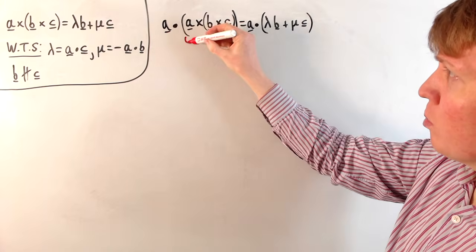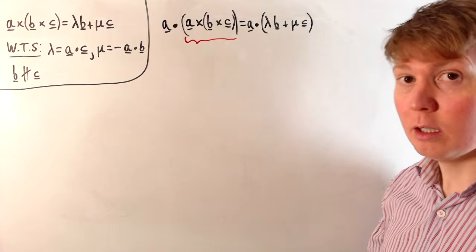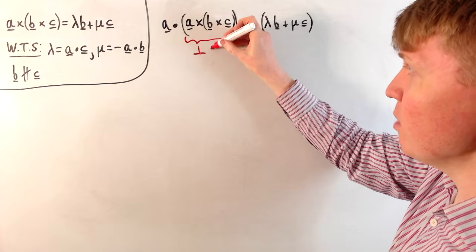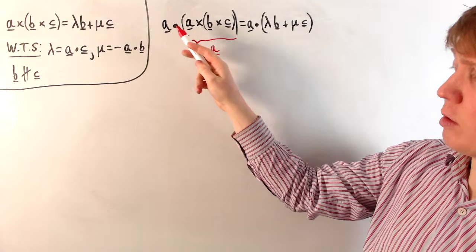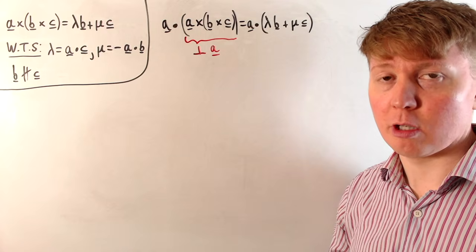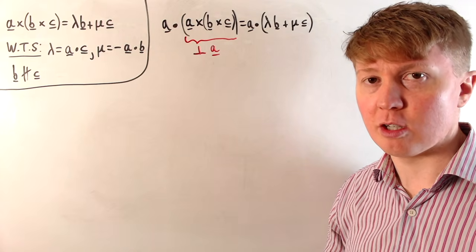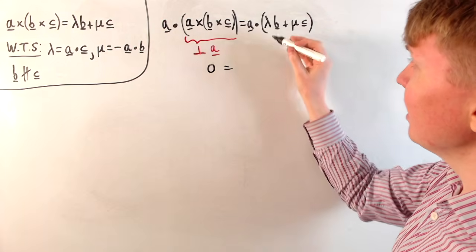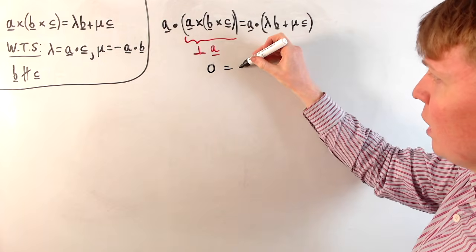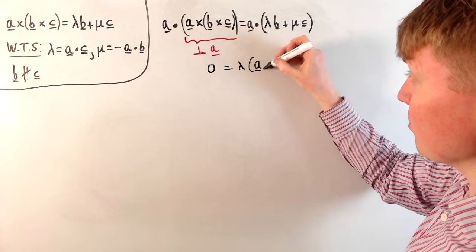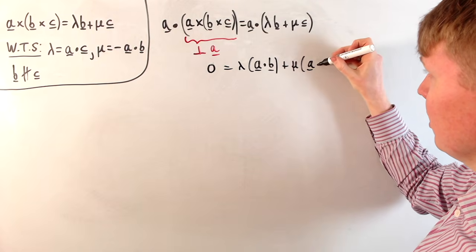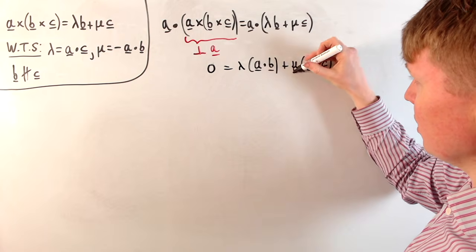So now we know that the cross product of A with this vector is certainly going to be perpendicular to A, because it's the cross product of the vector A with something. But then the dot product of A with something that's perpendicular to it, the dot product of two perpendicular vectors, is just 0. So the left-hand side just becomes 0. And now the right-hand side, if we were to expand the brackets, we get lambda times A dot B plus mu times A dot C. So this gives us a really nice early win here.